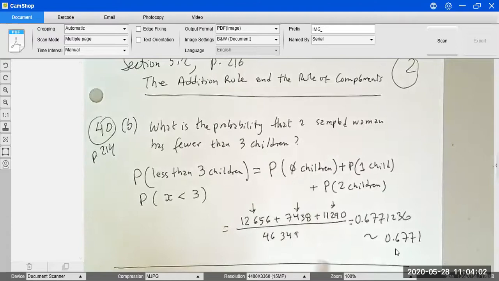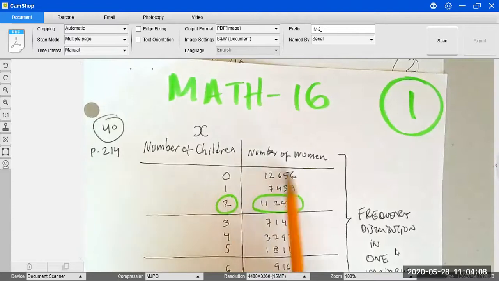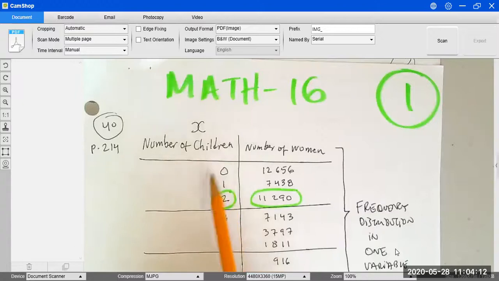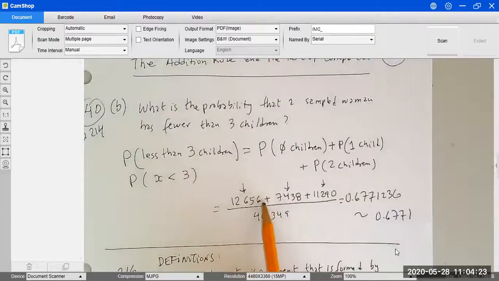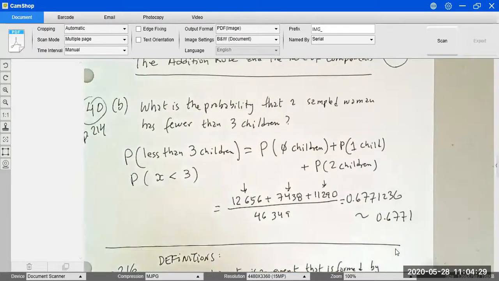You go back and check the frequencies for 0, 1, and 2 children, and you copy these three values because these three events are equivalent to the compound event of having less than 3 children. Then you just add up those three values and divide by the total frequency, and you get the probability of that compound event.